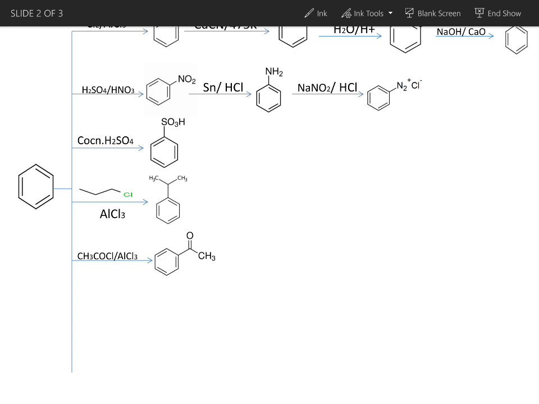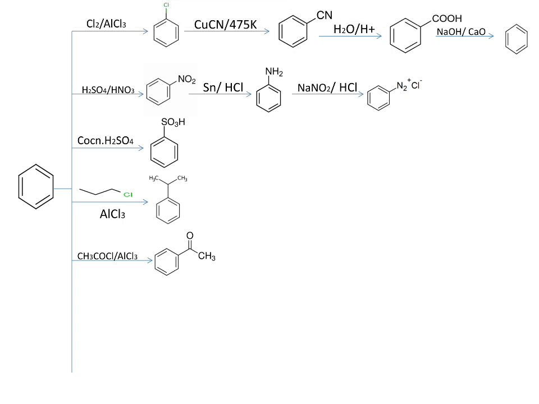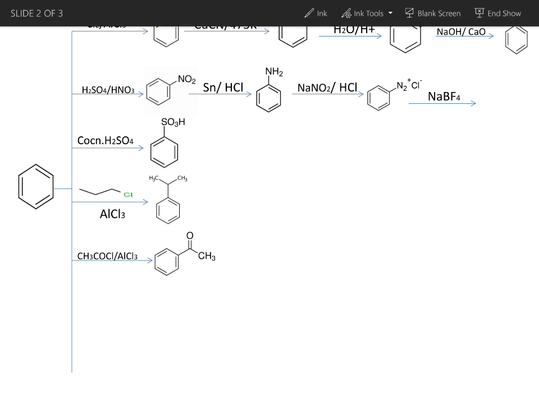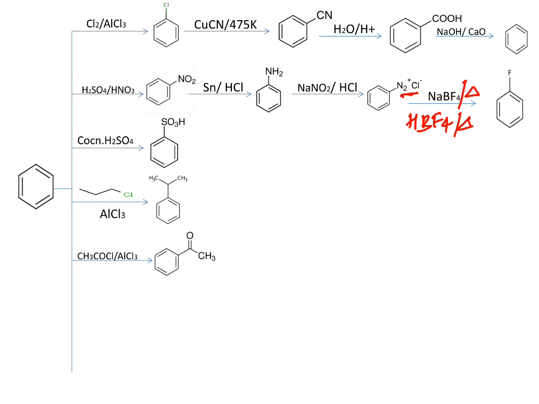Now here benzene diazonium chloride is further reacted with sodium fluoroborate. When benzene diazonium chloride is heated with sodium fluoroborate, or even you can use hydrogen fluoroborate, benzene diazonium chloride will get converted into fluorobenzene.